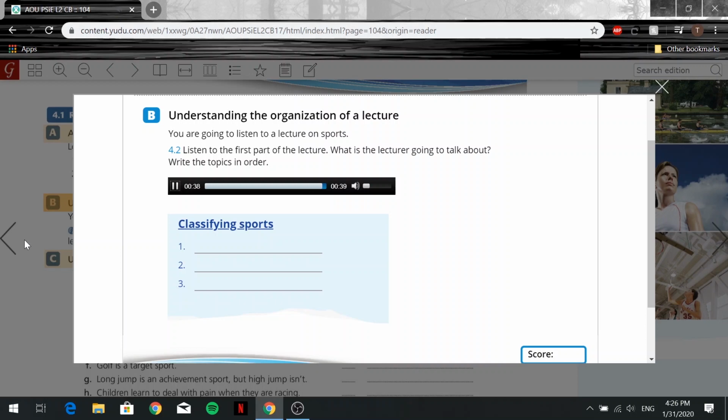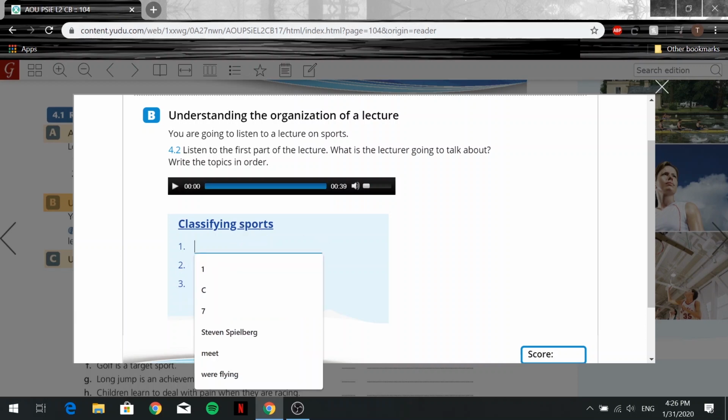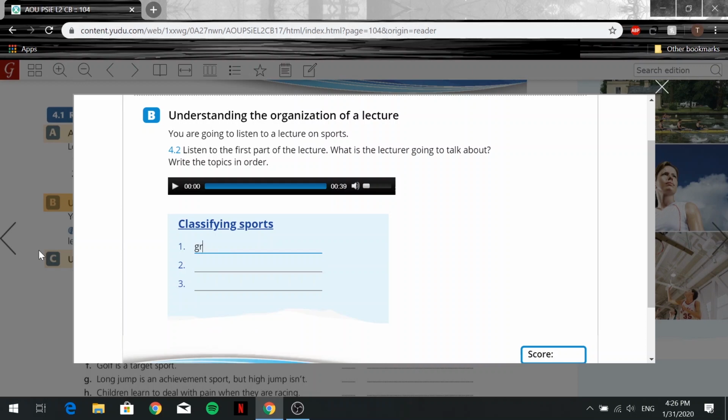Right, so the different topics when classifying sports are: 1, groups, 2, we'll talk about the examples, and 3, we're going to talk about the reason for classification. Oops, wrote that wrong. Classification, right? In, we'll say PE training, physical education training.